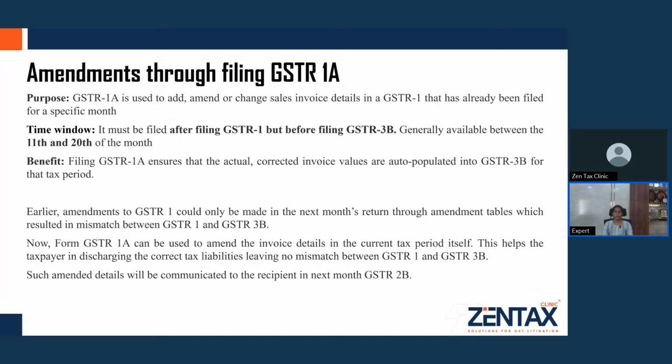But since the recipient is allowed to claim ITC only based on the invoices reflected in GSTR-2B, which is a very static statement, the amendment made by the registered person in GSTR-1A will get reflected only in the next month's GSTR-2B of the recipient.